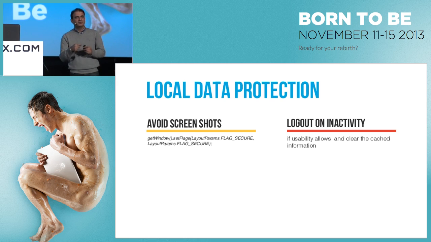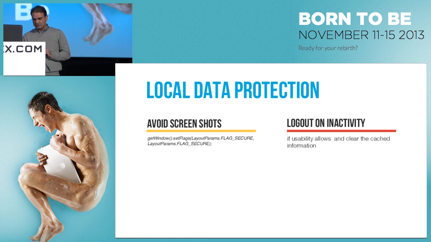So if you're looking at your banking account and your application goes in the background, and you forget to log out, then if somebody presses the recent tasks button, you will see all your account information in the screenshot. To avoid that, set this flag to FLAG_SECURE so that you see something black, and you still see the logo, so users can see that it's your banking app, but they will not see any other information. It basically stops participating in the screenshot.